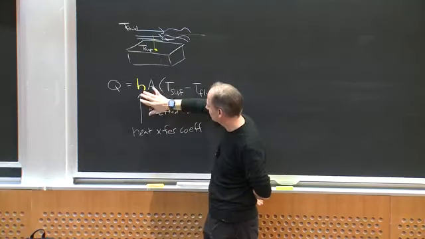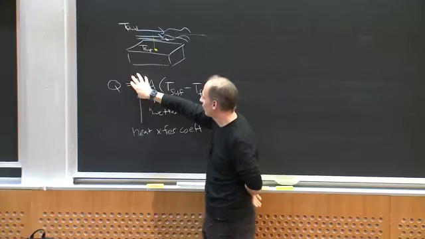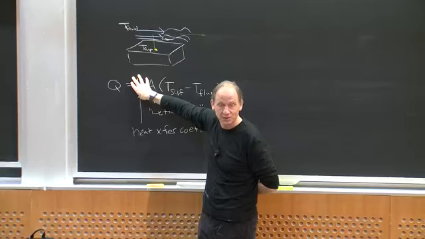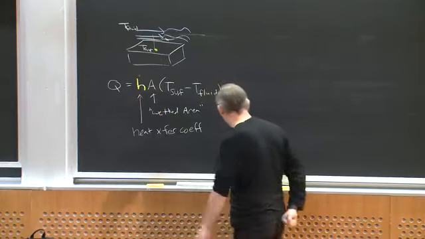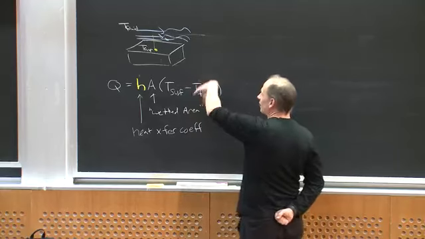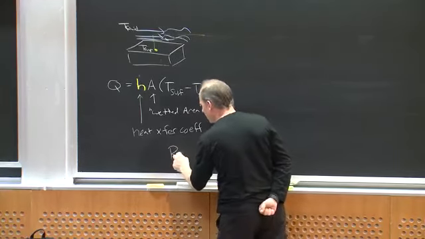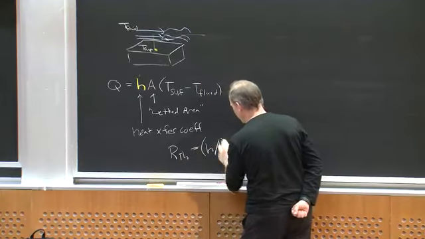So, I have to tell you, I'm giving you this magic number. How you find that magic number is tricky in a lot of cases. But what we're going to see is designers often don't have to worry about that. So in this case, I could have the same model where I would just say R_TH is simply equal to (hA) inverse, right?